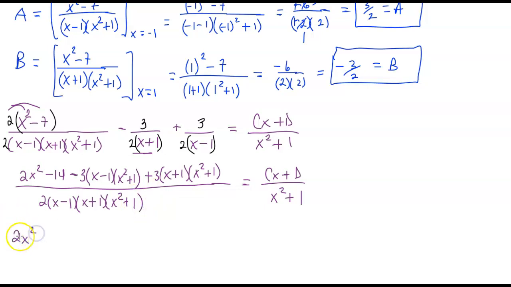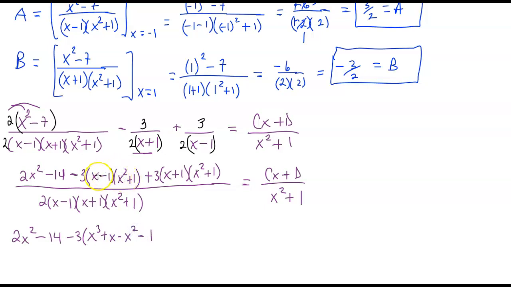So I have 2x squared minus 14. Let me not distribute that yet. So here we will have a minus 3 times x cubed plus x minus x squared minus 1.